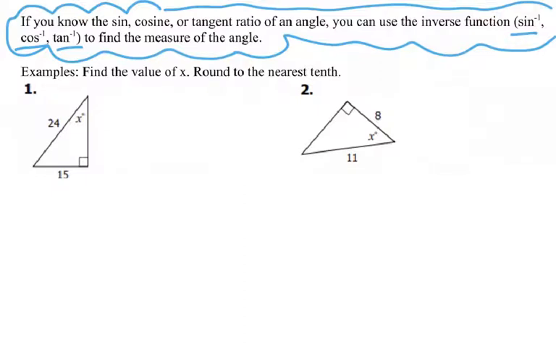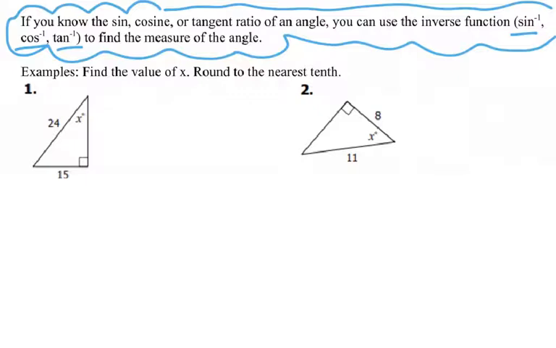And once again, remember that your calculator has to be in degree mode in order for this to work. So even if you're using the Desmos calculator, or just a scientific calculator on your phone, you can turn it sideways and make sure it's in the right mode.